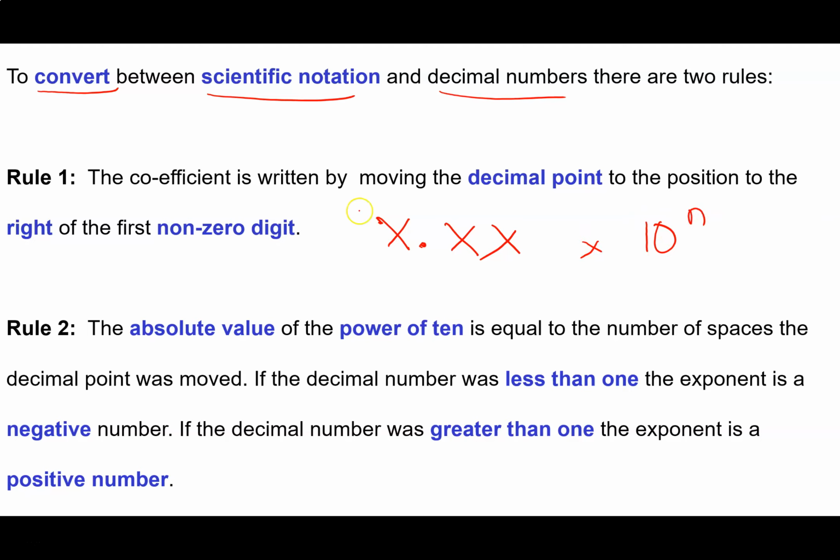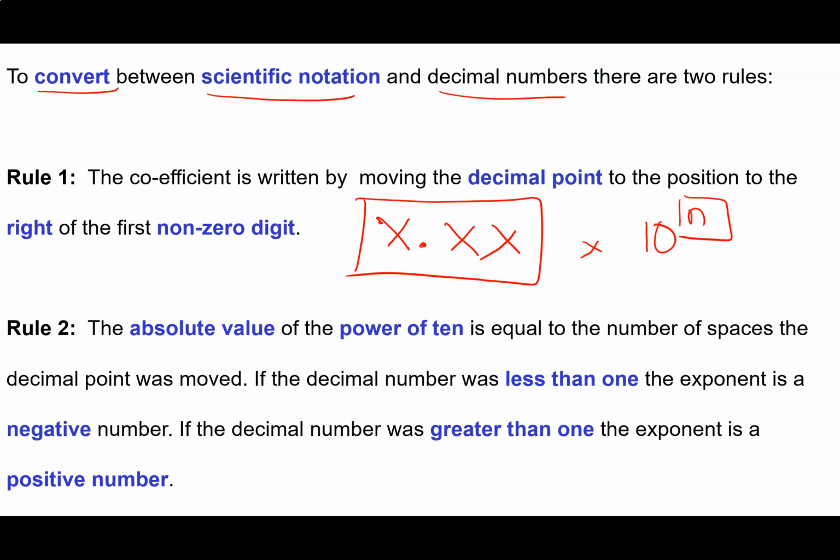So what you have to decide is what's my coefficient and what's the size of my power of 10. Okay, so they're the two things you have to decide when you're doing this conversion.